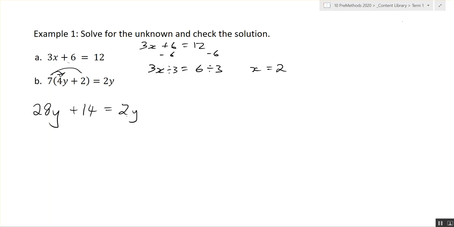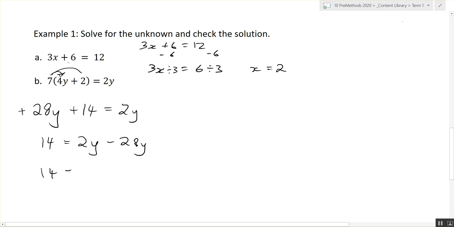Now what should I do? Collect like terms. So currently it's positive 28y. If I bring that over here, we're going to take 28y from both sides. So 14 stays how it is. So you don't have to do that step.